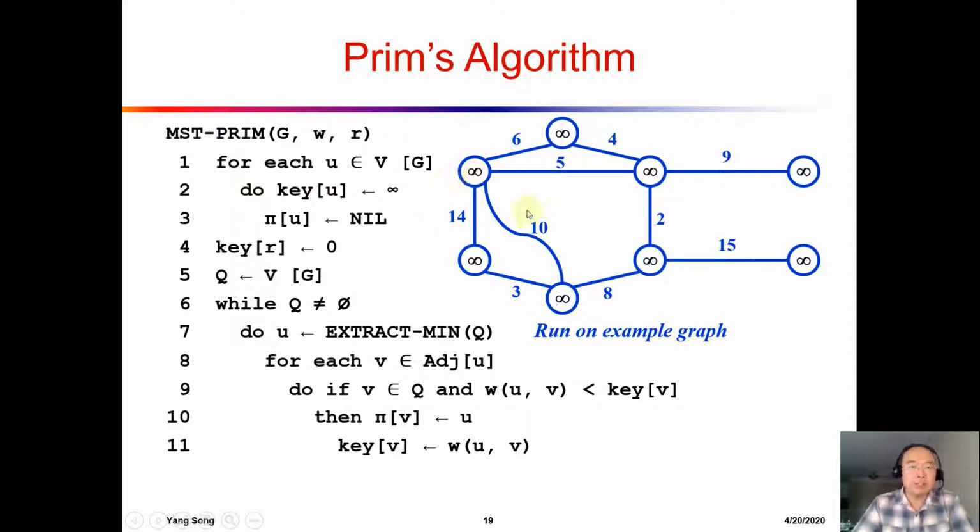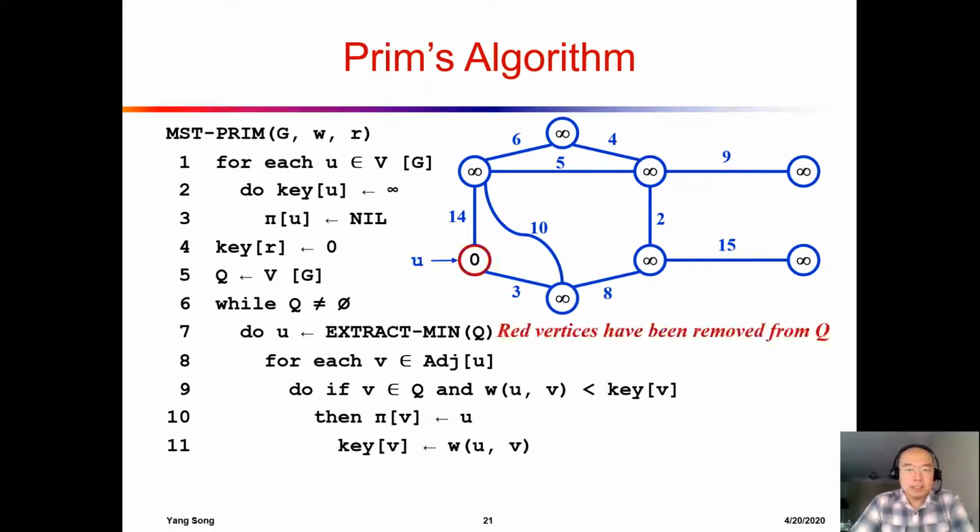So this is the first step after running the first three lines of code, and we will have infinities as the key. For the first value, which is the start point of this Prim algorithm, we will set that to be 0, saying the cost to connect this node to the MST will be 0 because this is the start point of the MST.